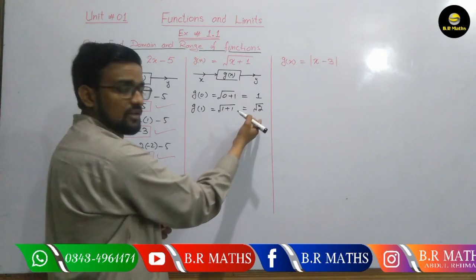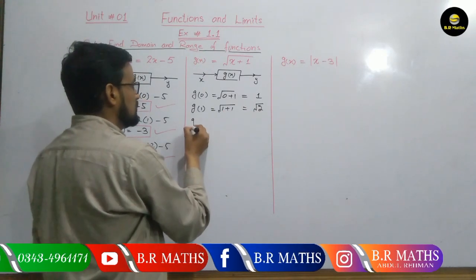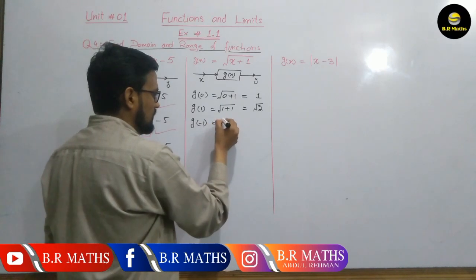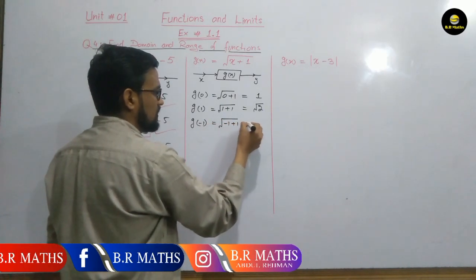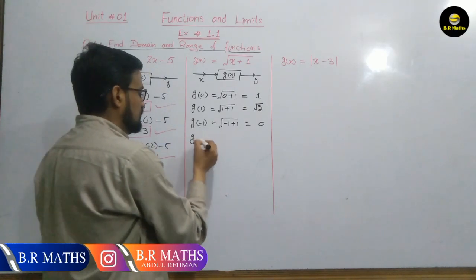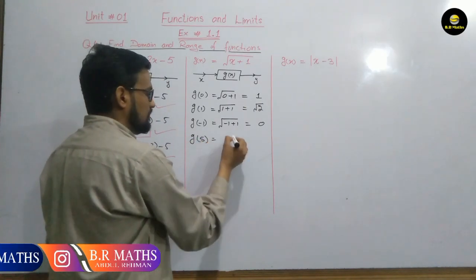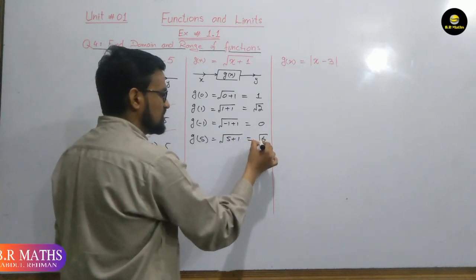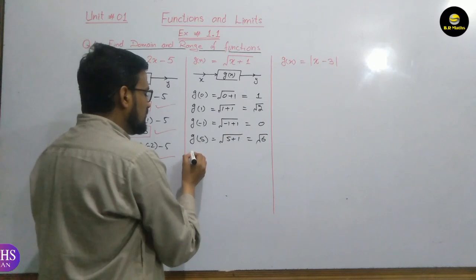This is also a real number. Next, put minus 1: minus 1 plus 1 is 0. Put 5 plus 1, square root 6.